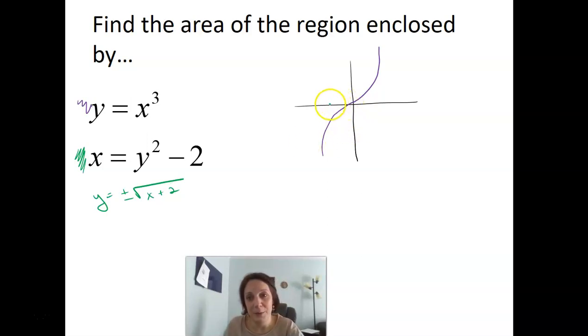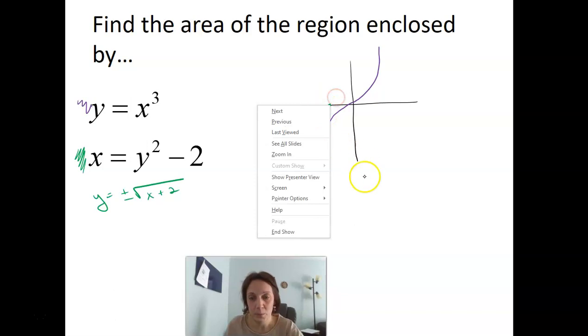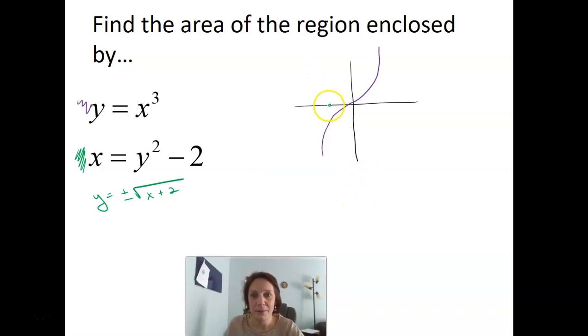But again, you may recognize what that is. It's just a sideways parabola. Right? So look what I have. If this was y equals x squared minus 2, you'd say, oh, that's a parabola shifted down 2. Well, it's x equals y squared. So it's a sideways parabola shifted back 2. All right. So here's that parabola.